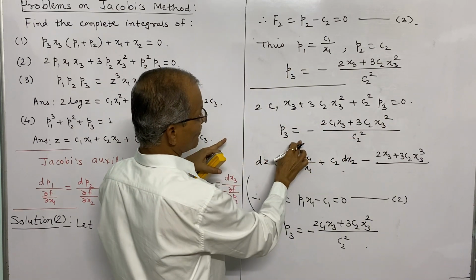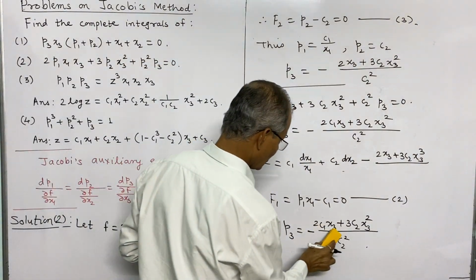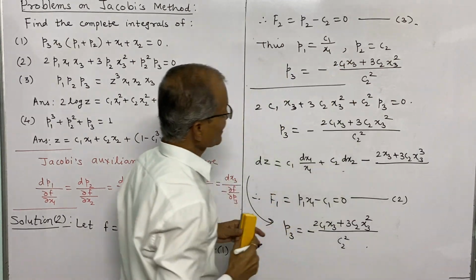So this is the value we obtained, and therefore it must be corrected. 2c1 x3, and this is 2c1 x3.